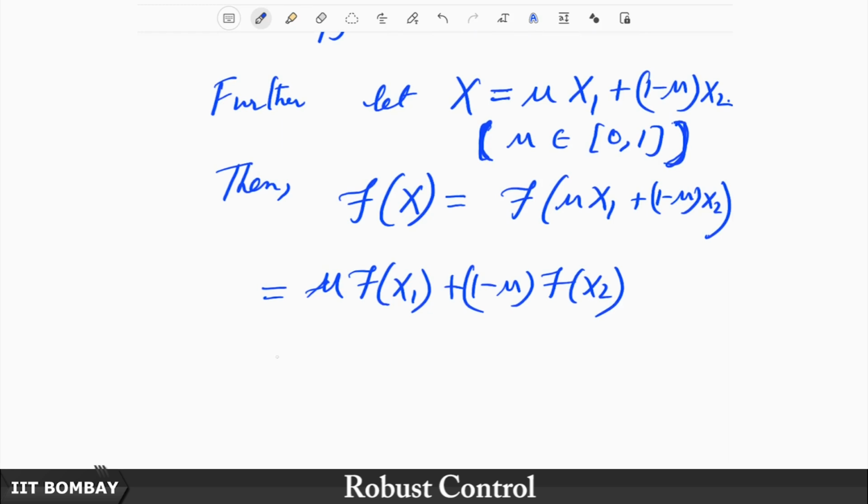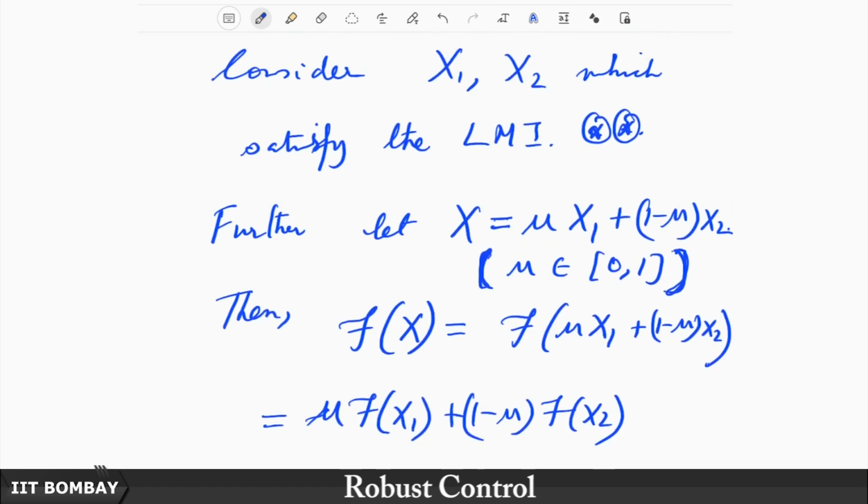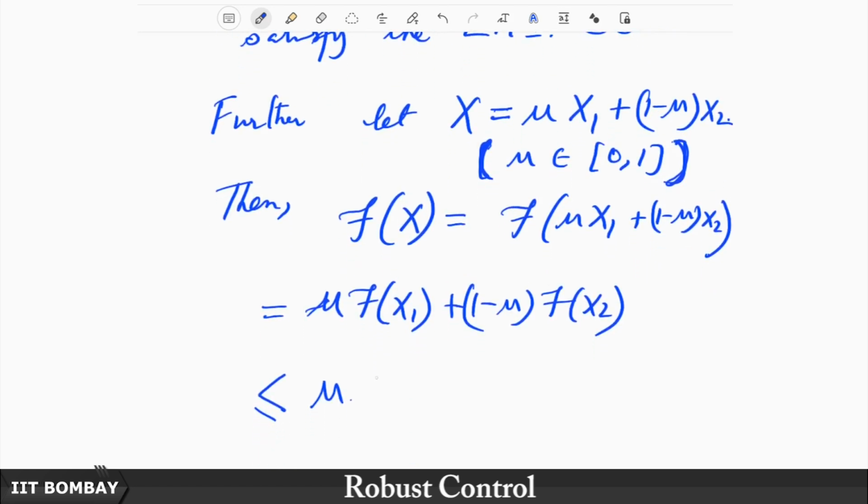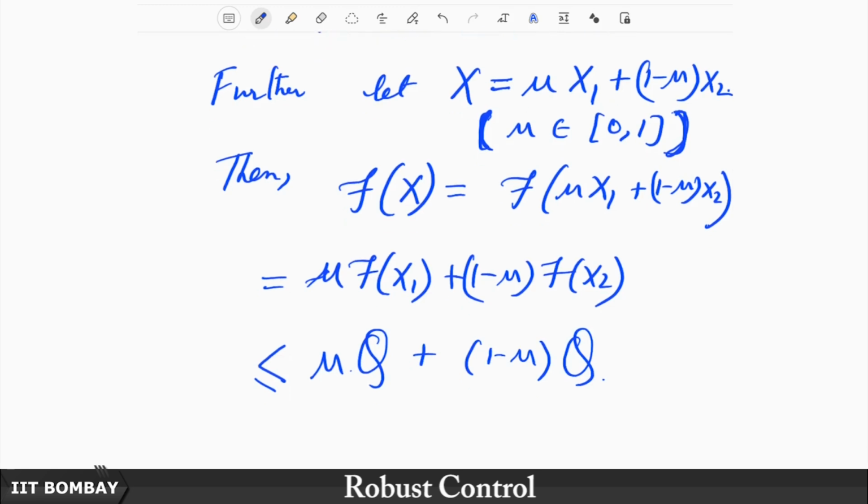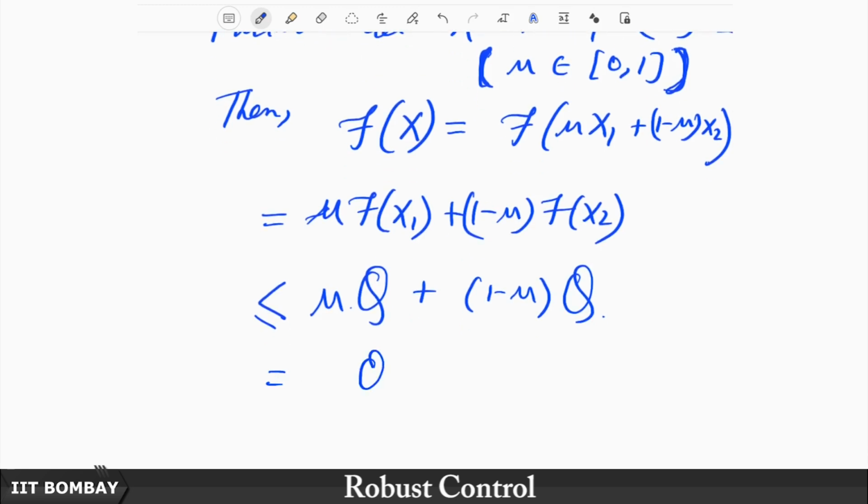But recall that this is less than or equal to mu times, if x1 satisfies it, f of x1 is less than q, then this is less than q, plus 1 minus mu times, because x2 also satisfies this, q, which is nothing but equal to q itself.